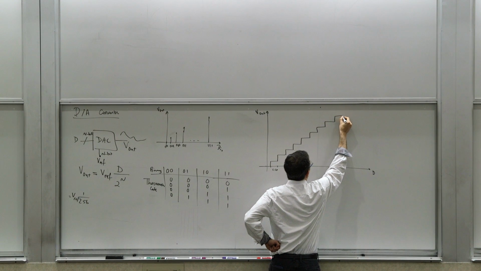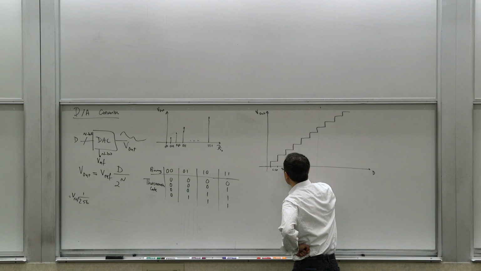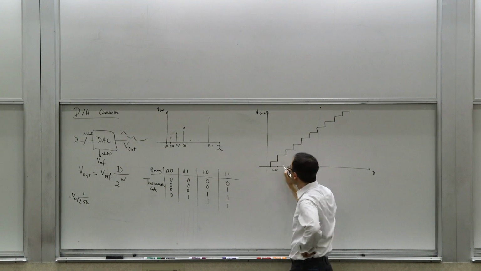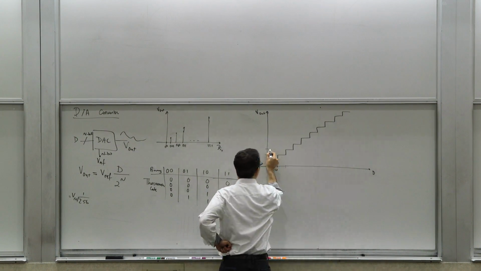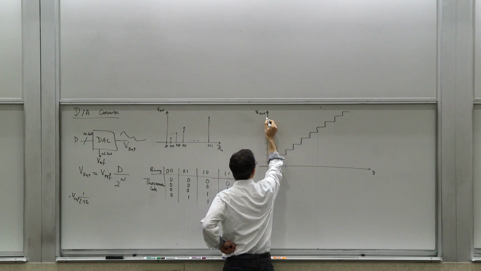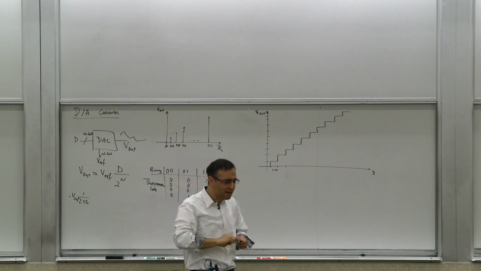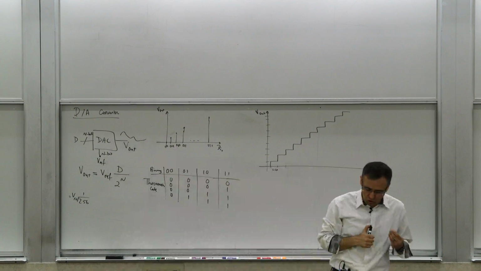So this is what an ideal thing would look like. These steps are fixed because they're digital, and ideally the vertical steps are all the same, and they're all happening at the same location. So that's what an ideal D2A should do.